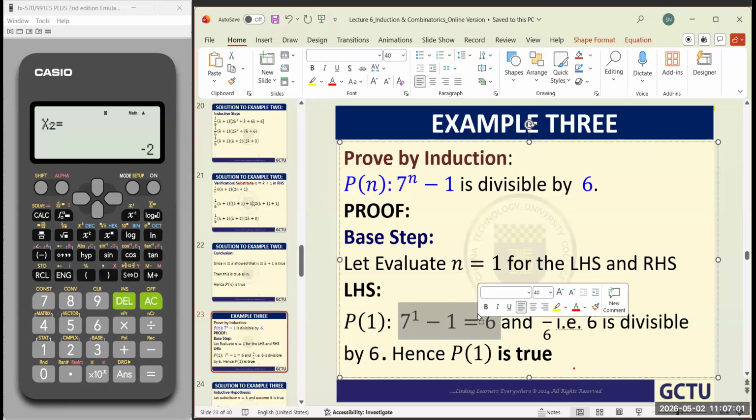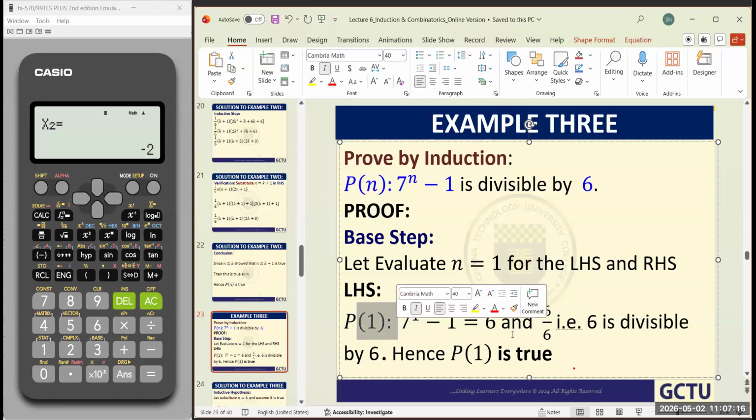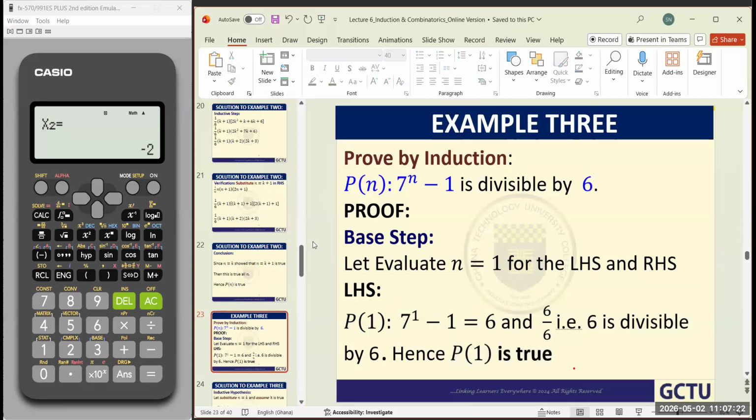So we are asking ourselves, this answer 6, is 6 divisible by 6? Can 6 be divided by 6? And if it is true, that means that P of 1 is true. Now, 6 divided by 6 will give you 1. So it means that P of 1 is true. Okay, so that's step 1.